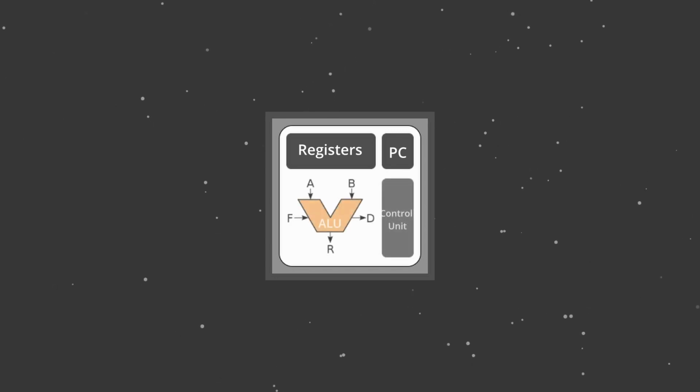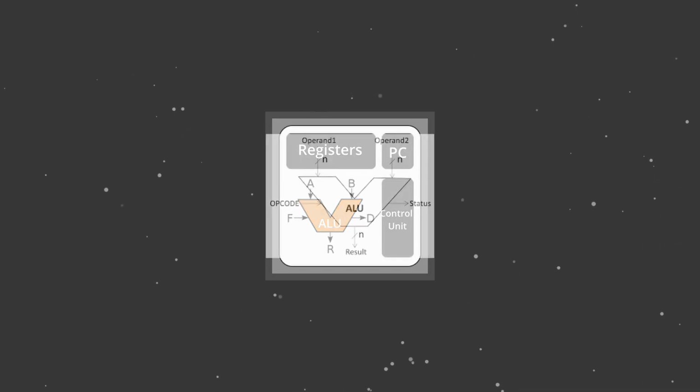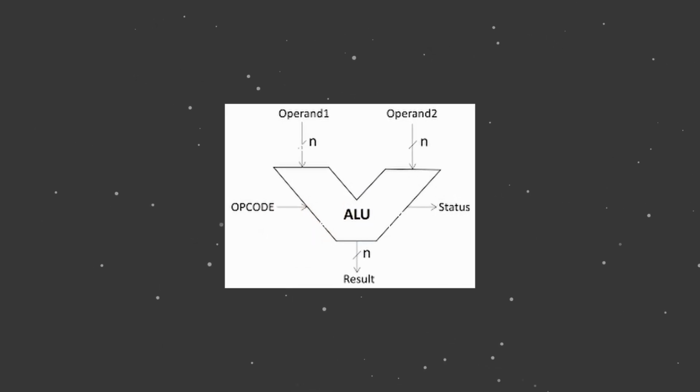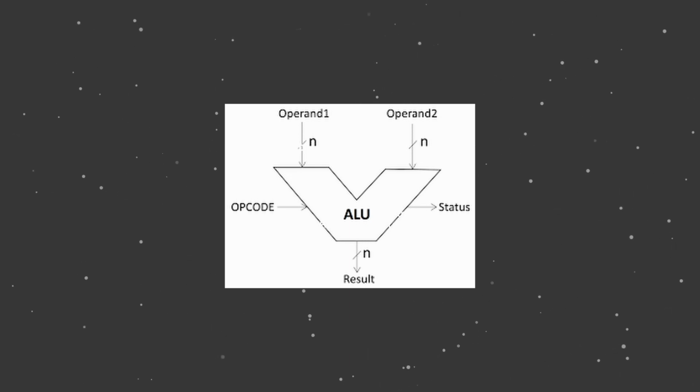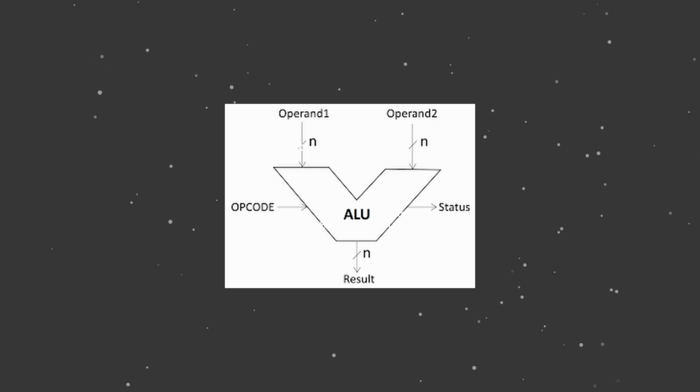There are two other components in the CPU that I need to explain, which are the arithmetic logic unit, or for short ALU, and the control unit. The ALU basically is a library of instructions that the CPU will execute. To be more precise, arithmetic operations.